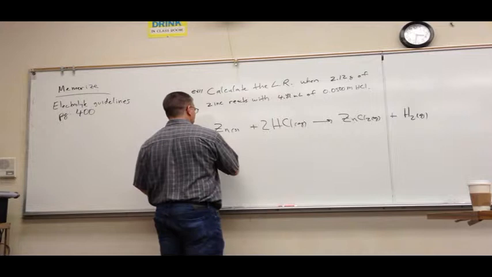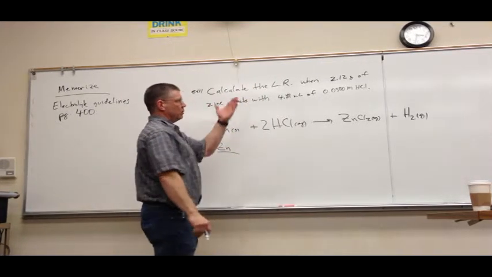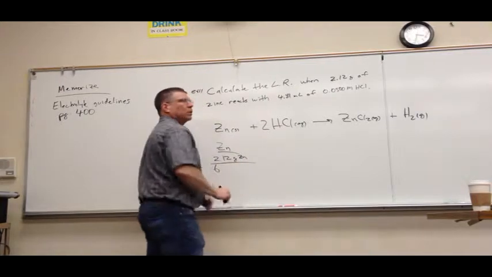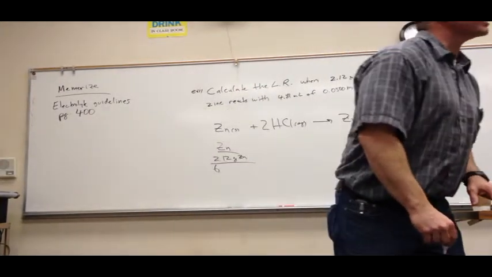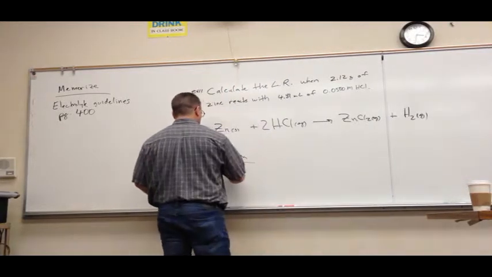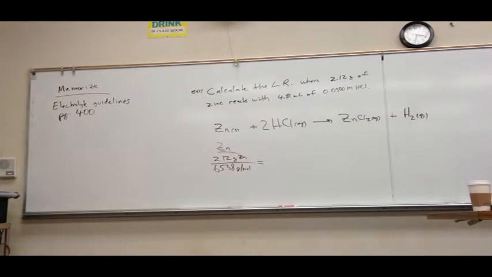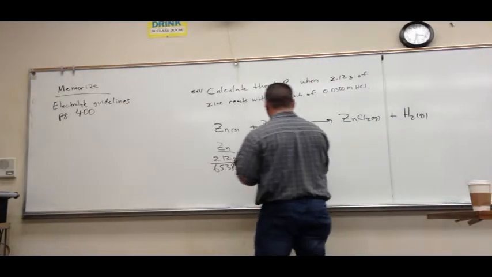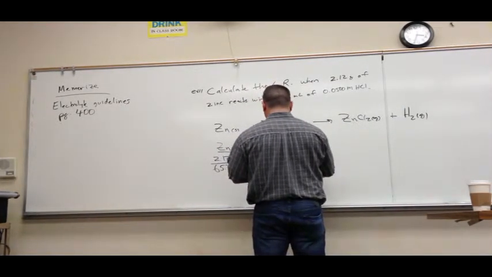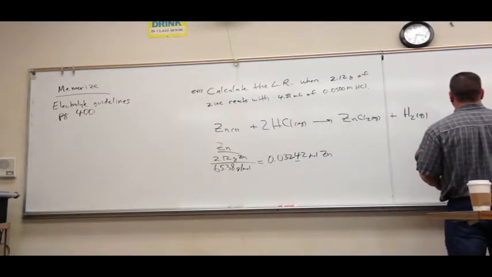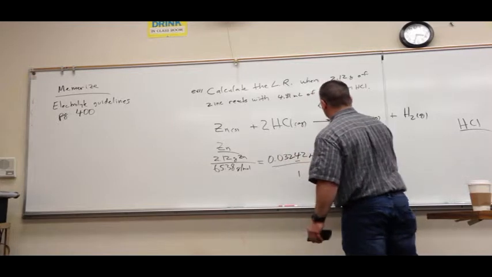For zinc, I gave you a mass, so to get the moles you take the mass divided by the molar mass. The coefficient for zinc is 1, so it's just the same number.